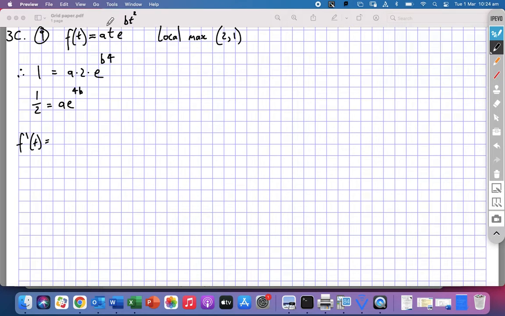It would be derivative of this function here, a, times function v, e to the power of bt squared, plus function u, at, times the derivative of function v. That's itself, that's the outside, the inside is 2bt, so times 2bt.